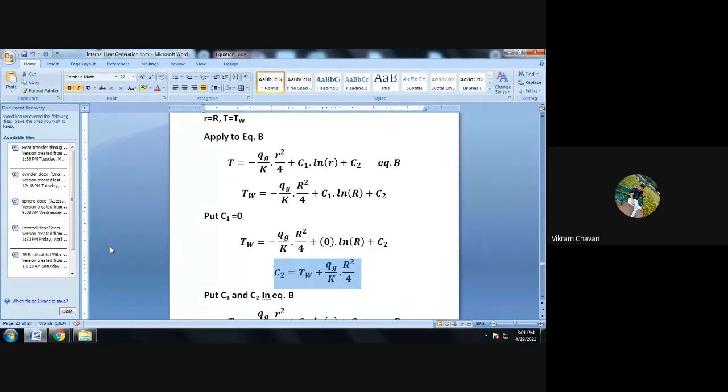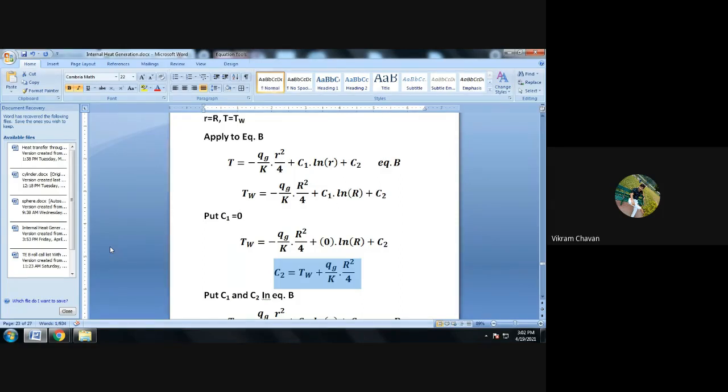This boundary condition we have applied to equation number B, which is our general heat conduction equation with the constants, and we get the equation for C2. C2 is equal to Tw plus Qg divided by K multiplied by R square divided by 4.